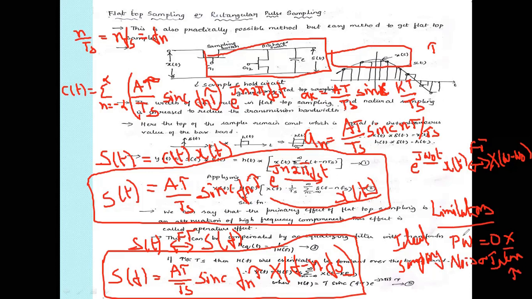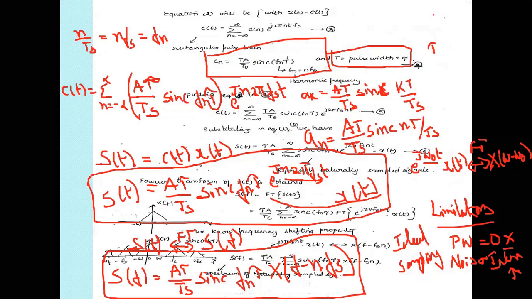To overcome these limitations, we need to go for natural sampling, having a pulse width. The pulse width is not 0, and the energy is finite.